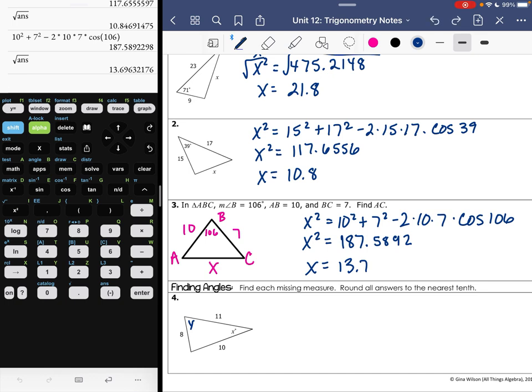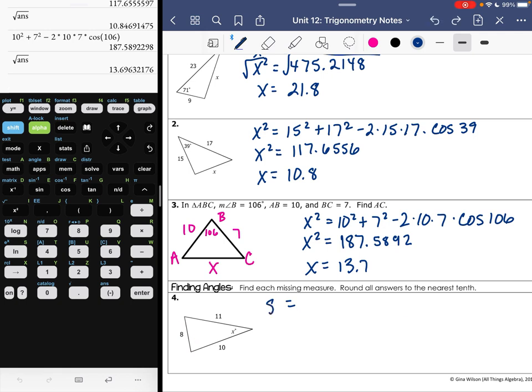So whatever you needed to find, you can find it as long as you have all these side lengths. The way that we set this up, though, you have to make sure that the one thing on the left has to be the side length opposite the angle. So that's the part you've got to be sure that you get right when you do this.